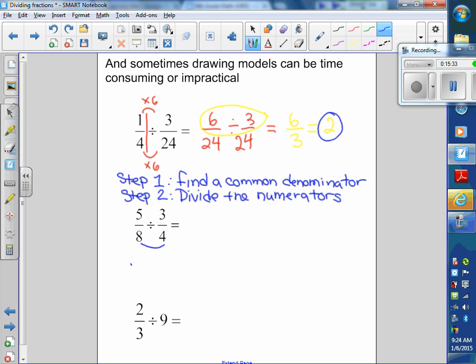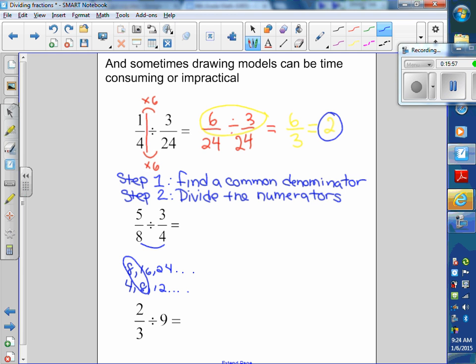So list them out: 8, 16, 24, 4, 8, 12. What's the first common multiple? What about this one? 8. So that's the common denominator.